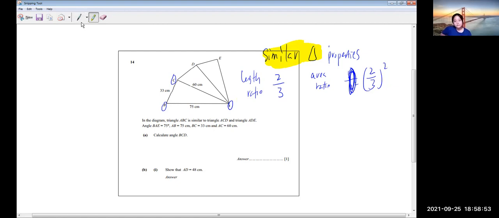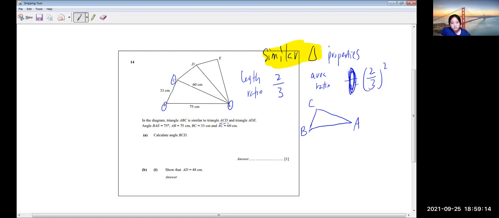Next, what I like to do is extract it out. The best practice is to extract it out. So you have ABC, they say it is similar to ACD.